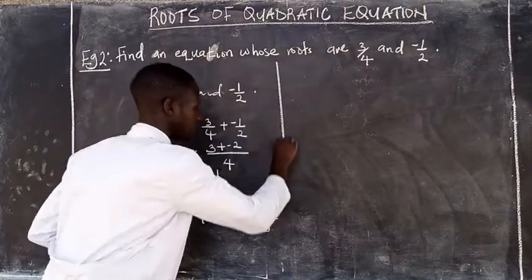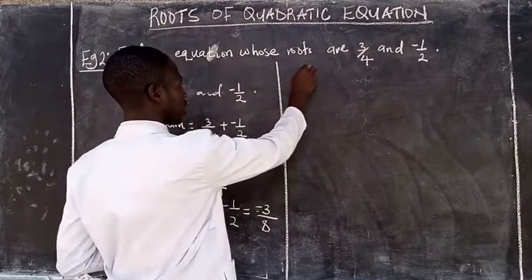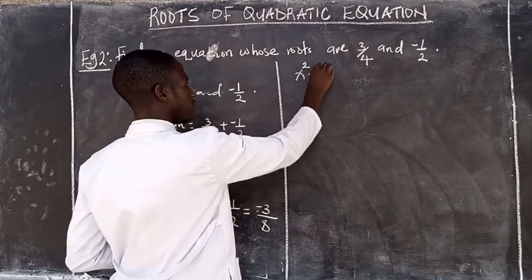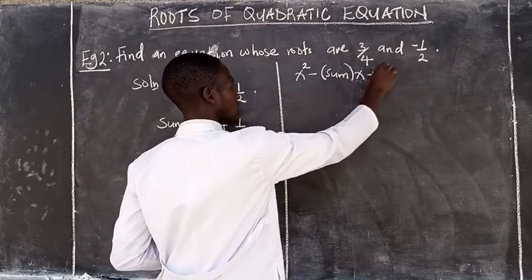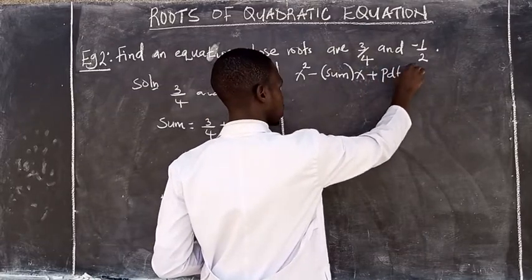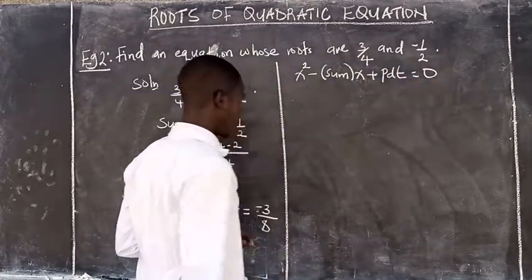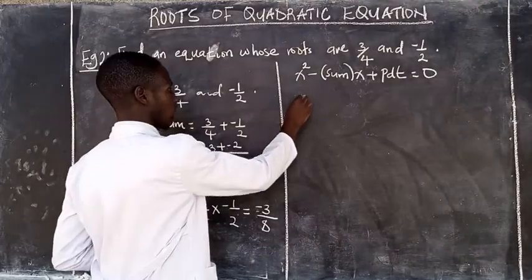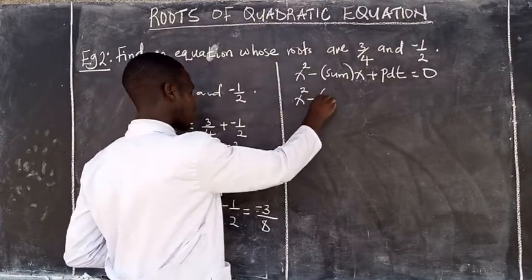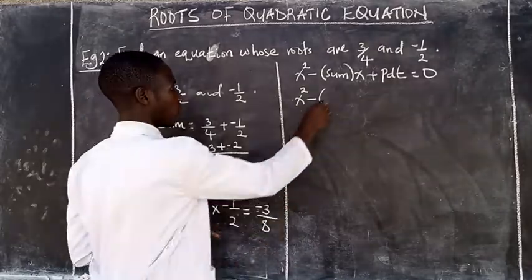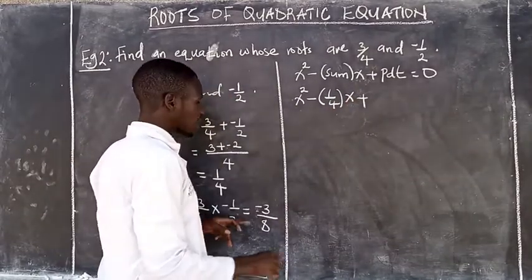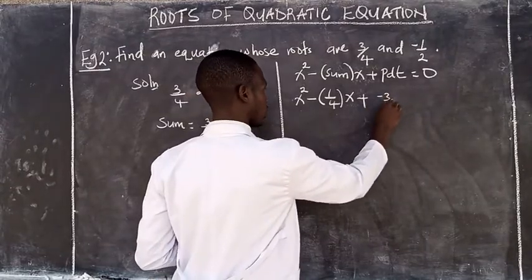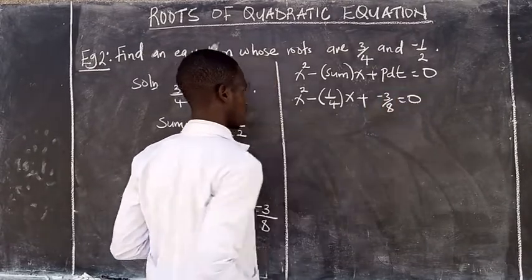So our equation is given by the general expression x squared minus sum of the roots times x plus the product of the roots should be equal to what? 0. So we shall have x squared minus sum, which is 1 over 4, times x plus the product, which is negative 3 over 8, should be equal to 0.